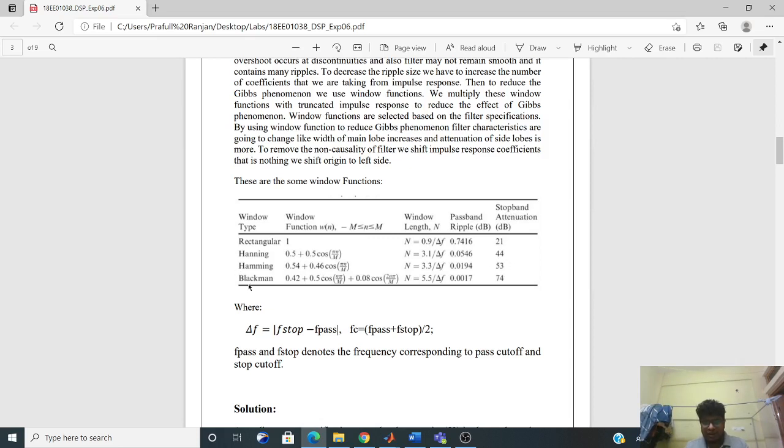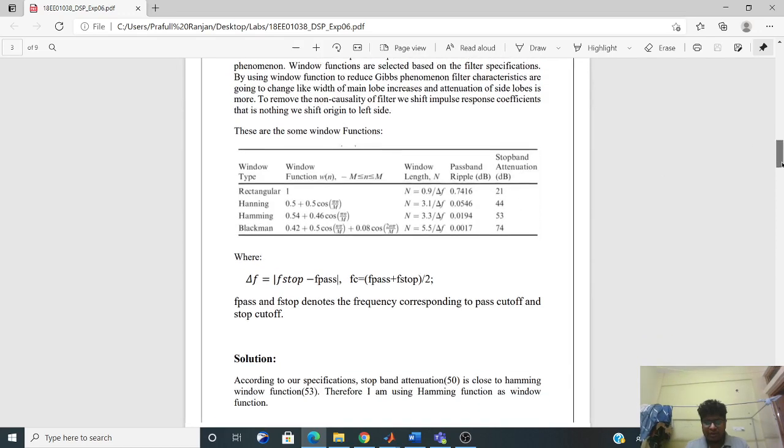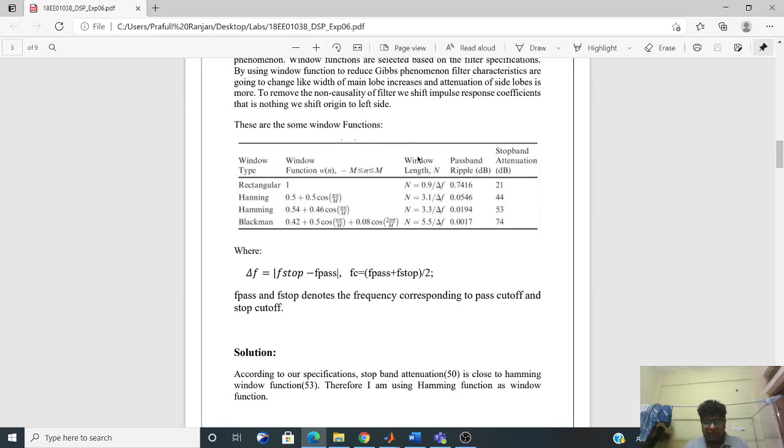We could also use Blackman, but here we will use Hamming only, with 53 dB. We can calculate N, which is given by 3.3 divided by delta f, where delta f is the modulus of f stop minus f pass, and similarly fc is equal to f pass plus f stop divided by 2.